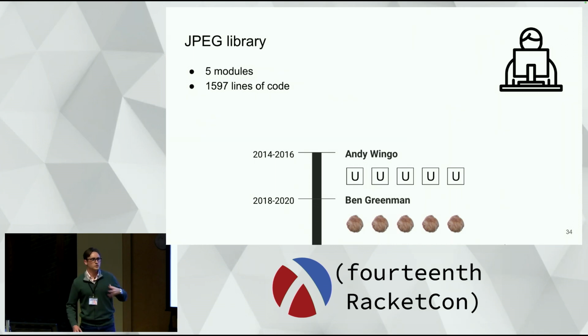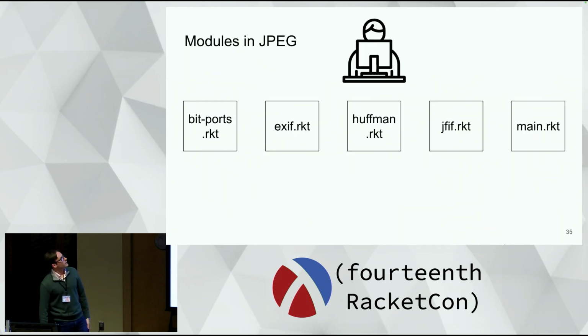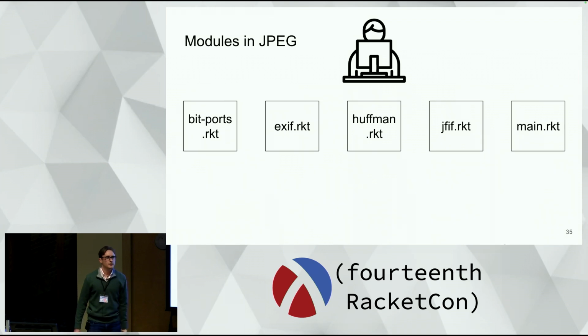So it'll be very easy to type a module, because Ben Greenman has already done the work of actually writing those types. We just need to hit a button, and boom, we can have a typed module. So let's start out with all of our modules untyped. JPEG has 5 modules: bitports, EXIF, Huffman, JFIF, and main.